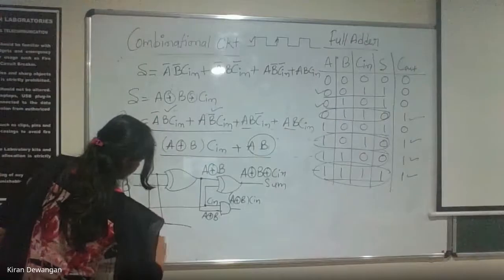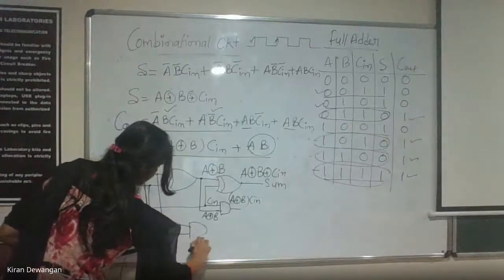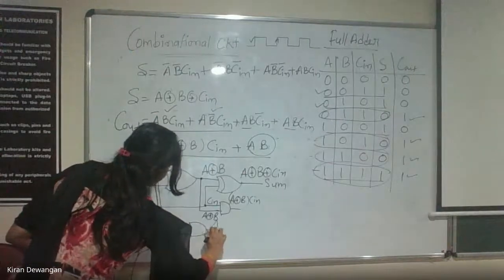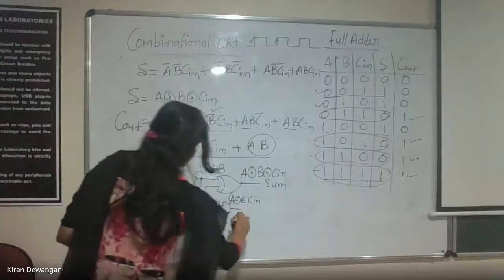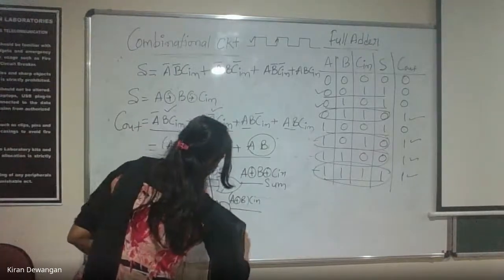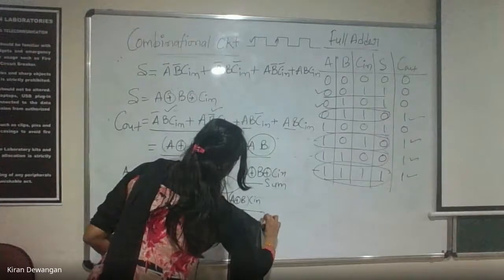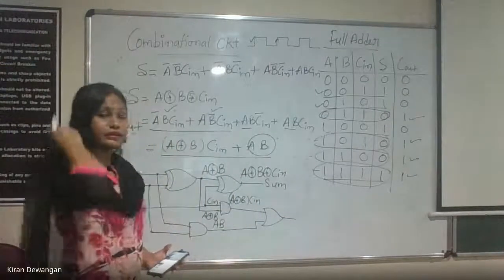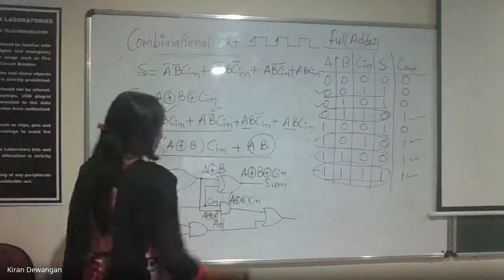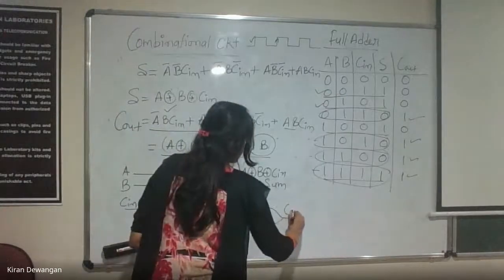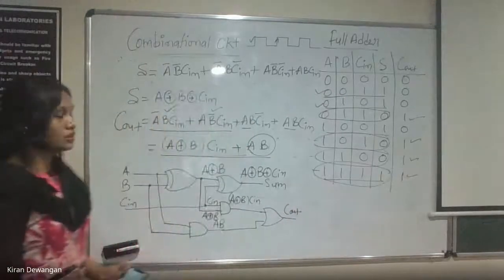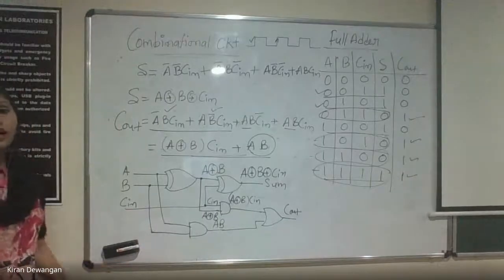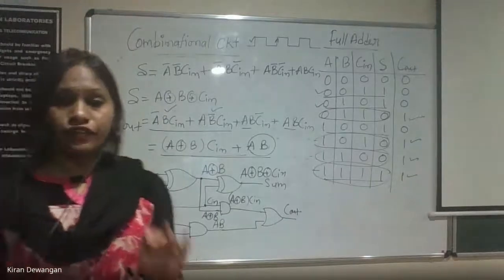So here we have AB and A XOR B, C in. Both will get ORed. This becomes carry out. So this is our full adder circuit. Is the full adder circuit clear?